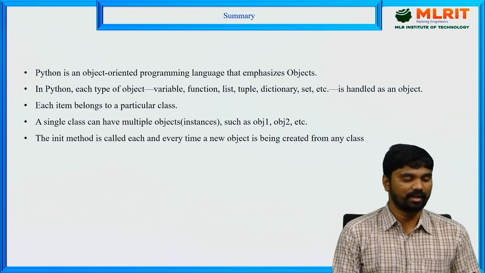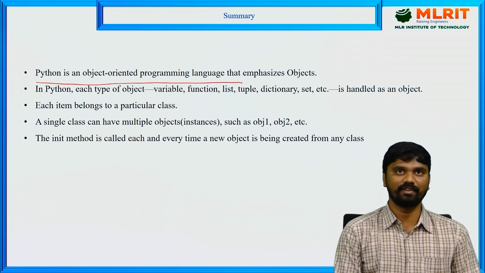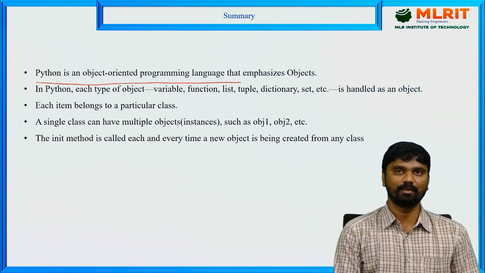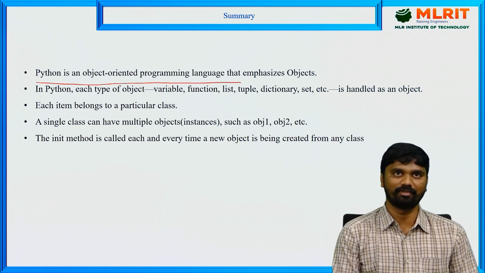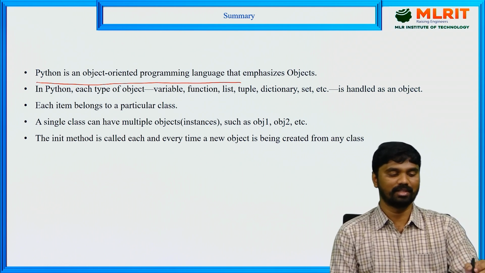Next, finally, Python is an object oriented programming language that emphasizes objects. That means everything in Python is an object. That may be a variable, a module, or a function. Everything we have to consider as an object. That is the second statement.